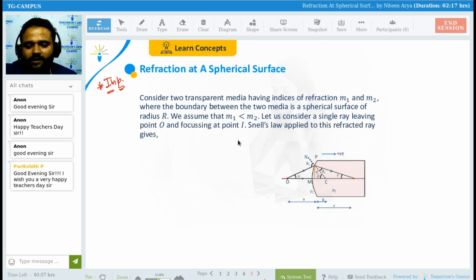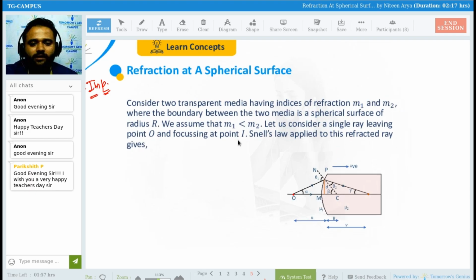As you can see, we are going to find the refraction at a spherical surface, and if I add two spherical surfaces in this way, I make a lens. But right now I am not going to give you that. I just want to give you a relation or formula for whenever an object is in front of a spherical surface instead of glass, because in simple glass we learned this concept in class 10.